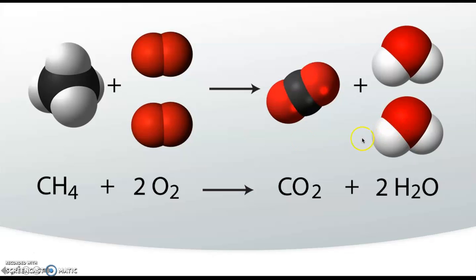So what happens is that 2 water molecules come out of this reaction, and it actually takes 2 oxygen molecules going in. So it's not just 1 methane, 1 oxygen. It's 1 methane plus 2 oxygen goes to 1 carbon dioxide plus 2 water. This is what we're going to learn: how to add these coefficients to balance the reaction next video.